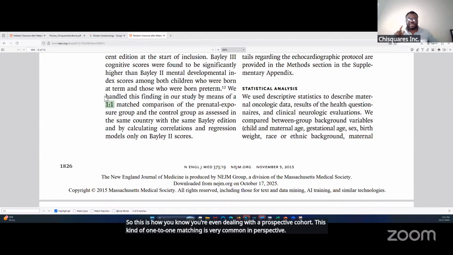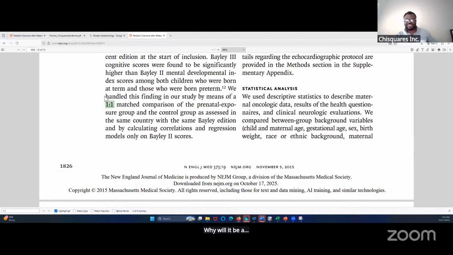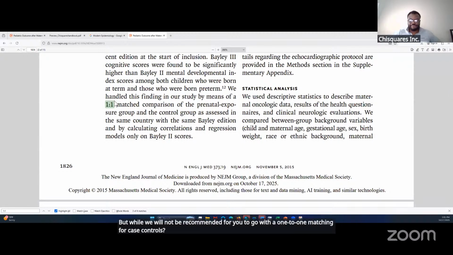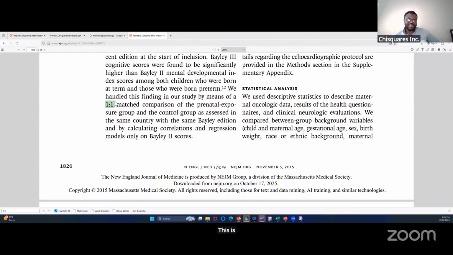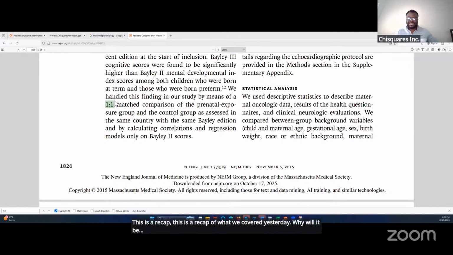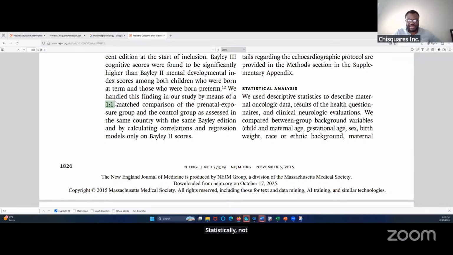Why will it not be recommended for you to go with one-to-one matching for case controls? This is a recap of what we covered yesterday. Why will it be statistically not recommended for you to go with the one-to-one ratio, where you select just one single control?